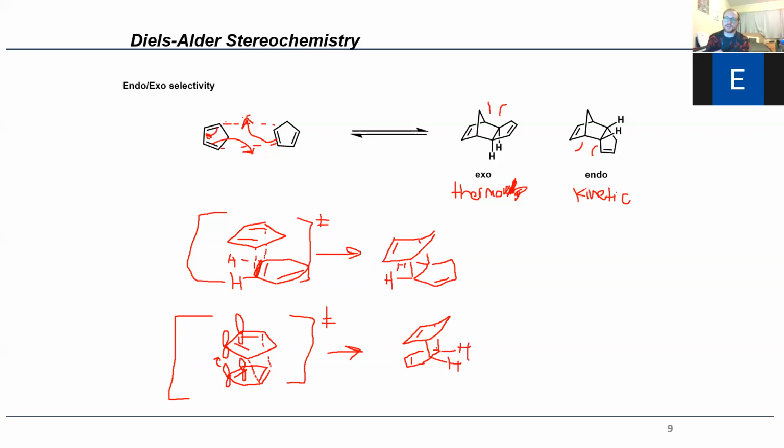Right, and so this is an additional consideration when doing Diels-Alder problems, is we have to look at these possible transition states, both the endo and the exo transition state, and decide based on what the diene and dienophile are, which of these two transition states is lower in energy. And once we know which is lower in energy, we can determine the stereochemical outcome depending on whether the endo or exo product is preferred. Does this make sense? We're going to do a couple of stereochemistry practice problems to wrap up the night.